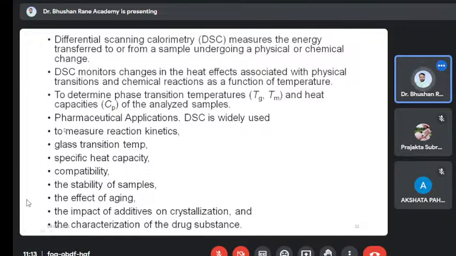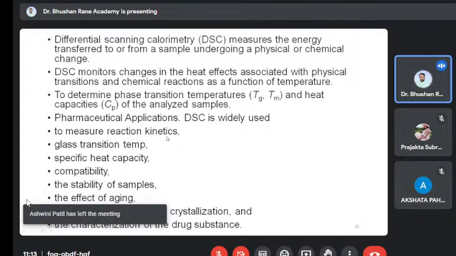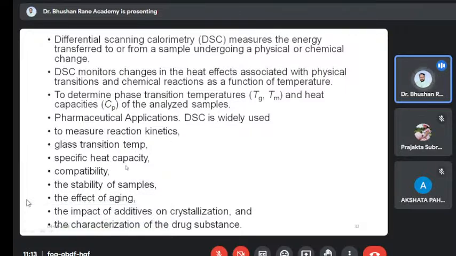A wide variety of applications of DSC exist in the pharmaceutical field: to measure reaction kinetics, glass transition temperature, specific heat capacity, the compatibility of the drug, stability of the samples, effect of aging, impact of excipients on crystallization, and during in vitro characterization of the drug substances when we prepare the formulations.